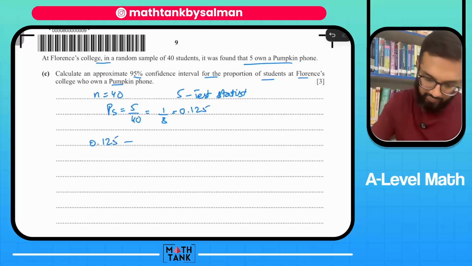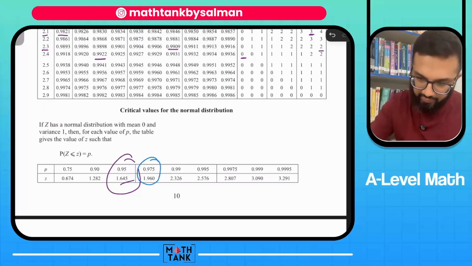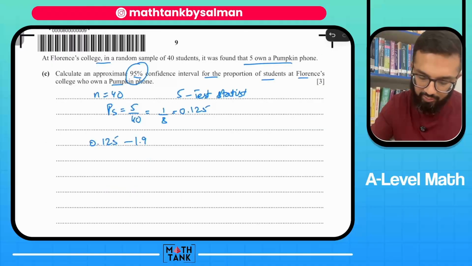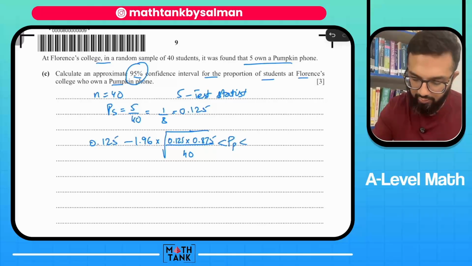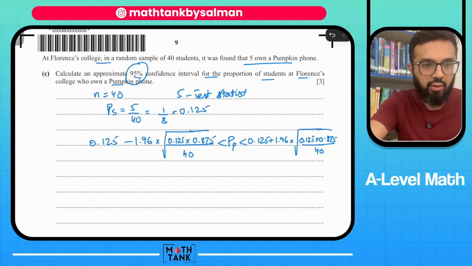For the confidence interval, 95% means I want to take 97.5 from here, 1.96. Okay, so minus 1.96. And the formula here is the square root of PS QS over N for this side, and 0.125 plus 1.96. I run out of space now. Okay, let's calculate that quickly.